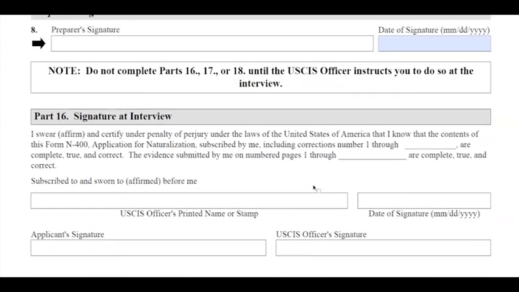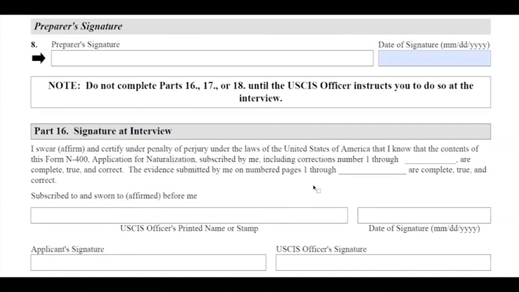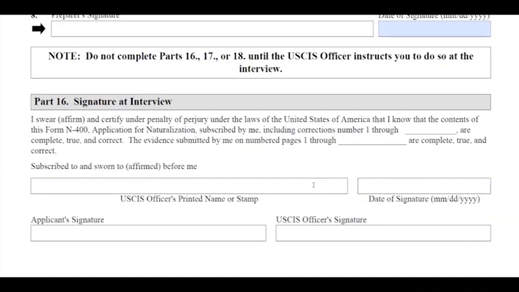Now, let's go to part 16. But before we actually get to part 16, if you look at the top of the presentation, it says, note, do not complete parts 16, 17, or 18 until the USCIS officer instructs you to do so at the interview. So basically, once you're done with part 15, you're basically done with the application, because from what the directions tell you, you will fill out the rest of this application in front of the immigration officer.